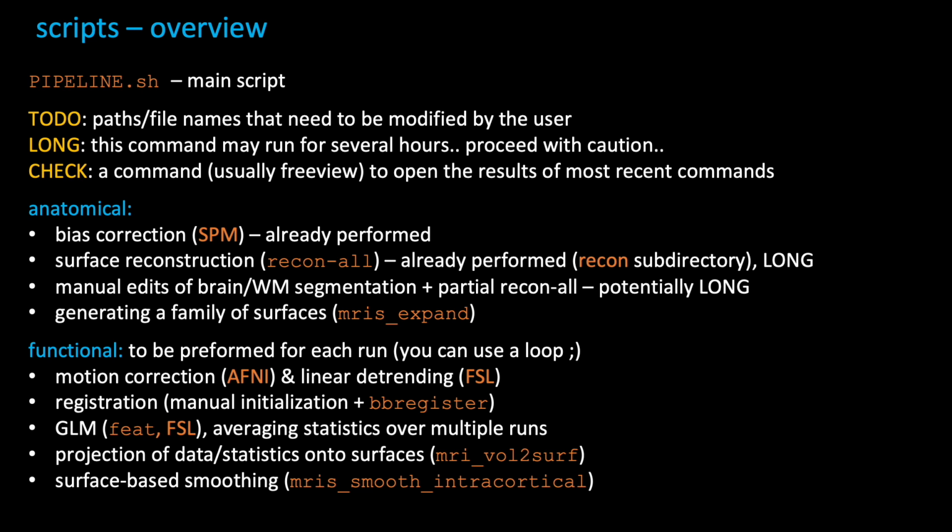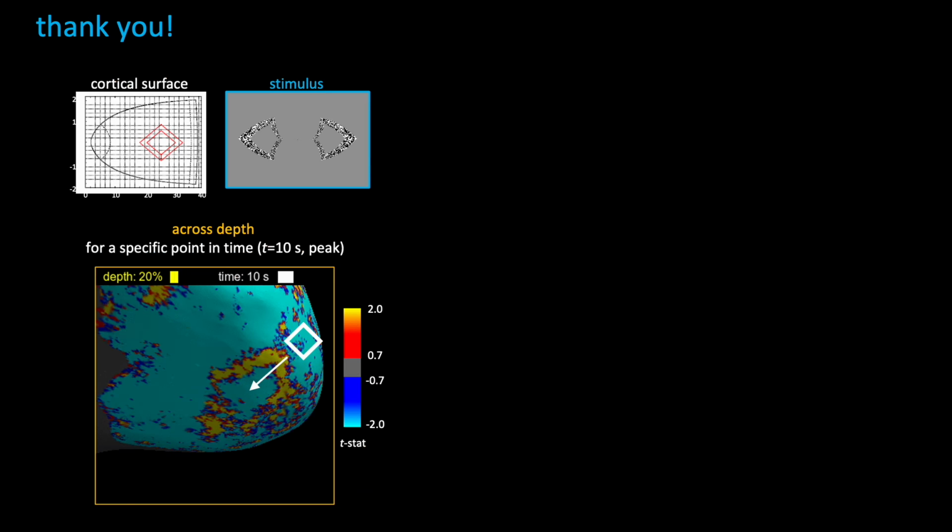And I already provided you with the bias-corrected data as well. I also provided a couple of scripts for motion correction, detrending, averaging over multiple runs, the statistics, and a couple of other things, but we can talk about it more tomorrow when we'll be actually working on it.